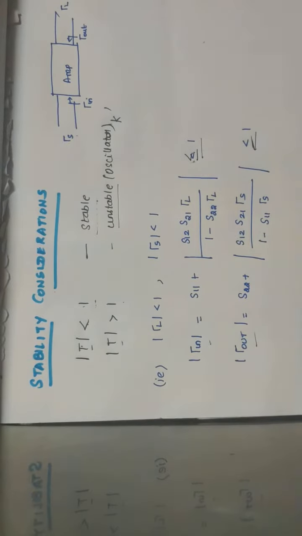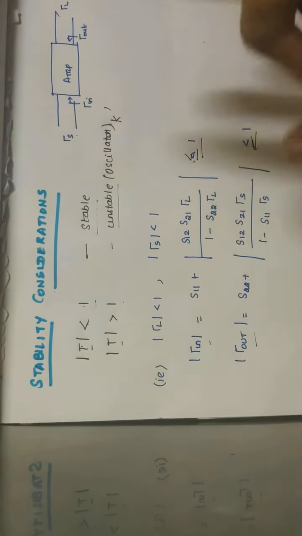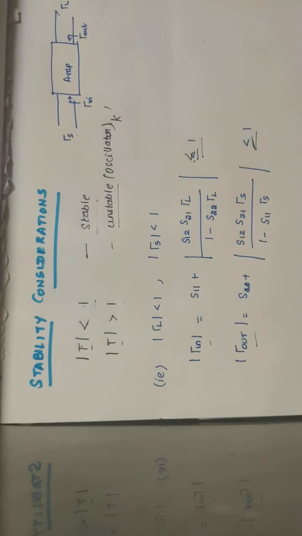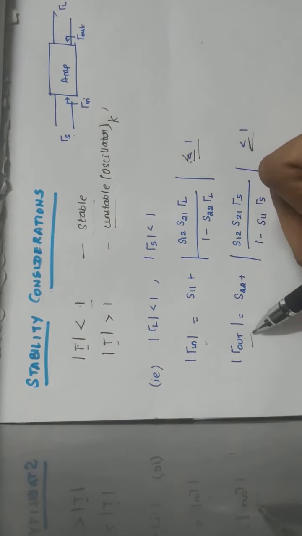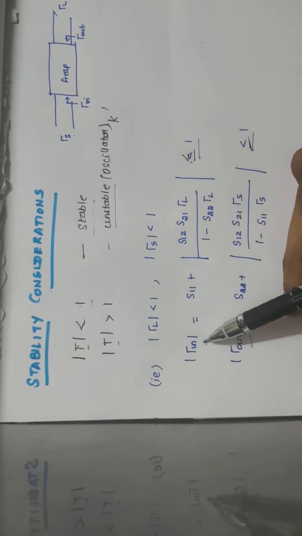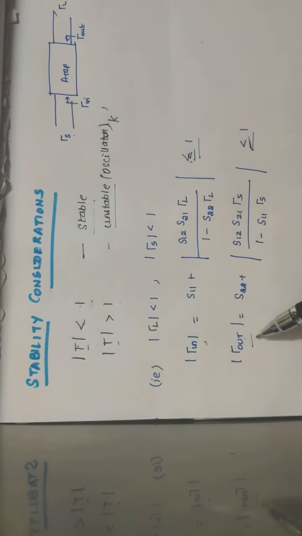Using this condition, let us check at which points our amplifier is going to be stable and where it is going to be unstable. To find that, I am taking the two reflection coefficients of the amplifier: tau in, the reflection coefficient at the input, and tau out, the reflection coefficient at the output.